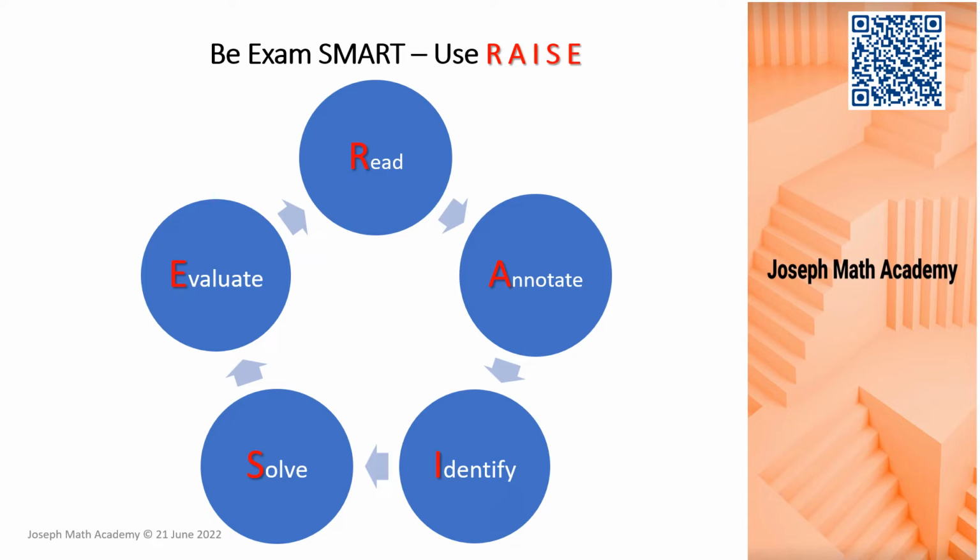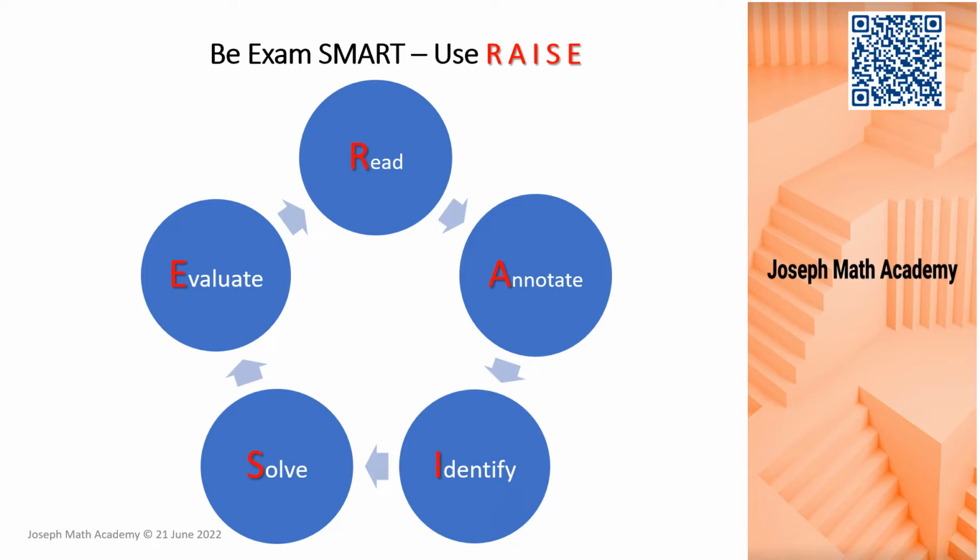A. Annotate by underlining, circling, arrowing, and even any kind of indication to pick up keywords, words that help us to identify. That's the next one, letter I, to identify the concepts, the heuristics that we need to use to solve each word problem.